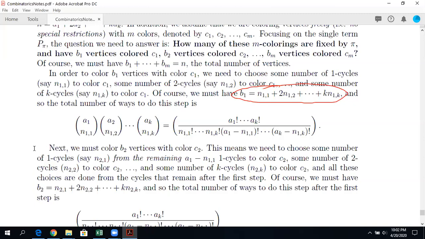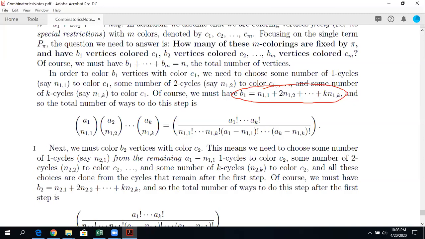So what's the total number of ways to do this first step? Well, from the A1 1 cycles, I have to choose N11 1 cycles, and then I go to the 2 cycles and I choose N12 2 cycles, etc., etc. Then I go to the K cycles, there are AK of them, and I choose N1K of them.